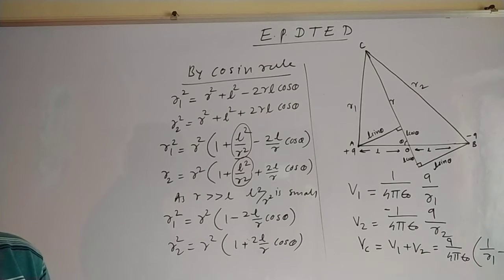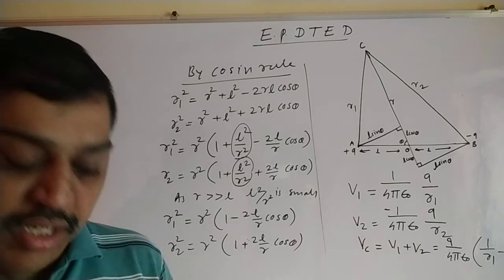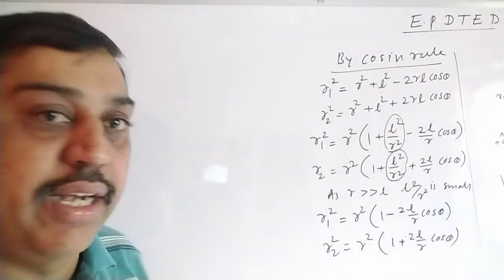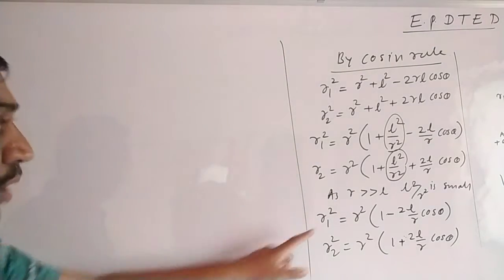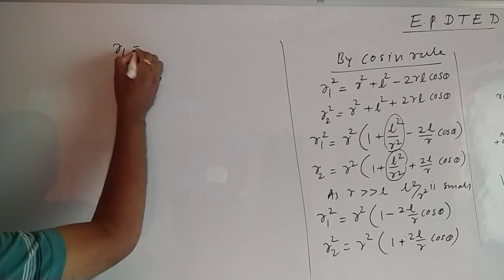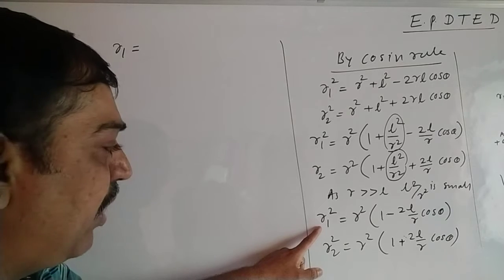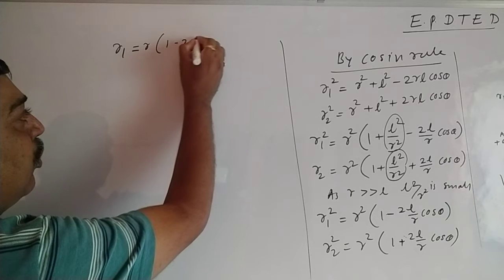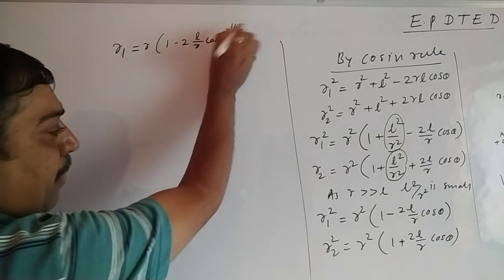Further, here we have taken R1 square and R2 square on the left hand side. Suppose I want to remove the square. Just take the square root of these two equations and rewrite them. So we can write R1 equal to R in the bracket 1 minus 2L by R cos theta to the power 1 by 2.